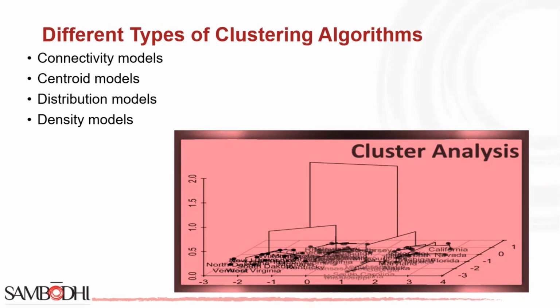Popular examples of density models are OPTICS and DBSCAN. These models are particularly useful for identifying clusters of arbitrary shape and detecting outliers, as they can detect and separate points that are located in sparse regions of the data space, as well as points that belong to dense regions.